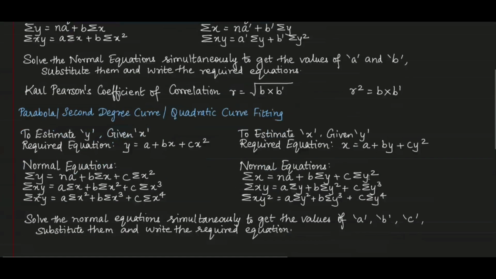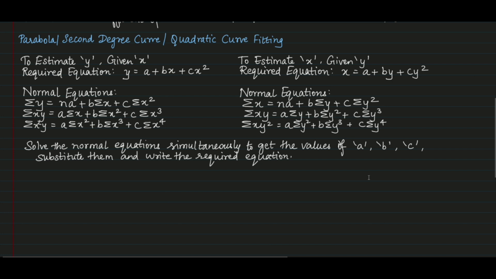Now there could be one more confusion. Suppose in the question it is just given that fit a parabola for the following data. In this case, which parabola has to be fit? Whether we fit y is equal to a plus bx plus cx square or x is equal to a plus by plus cy square.